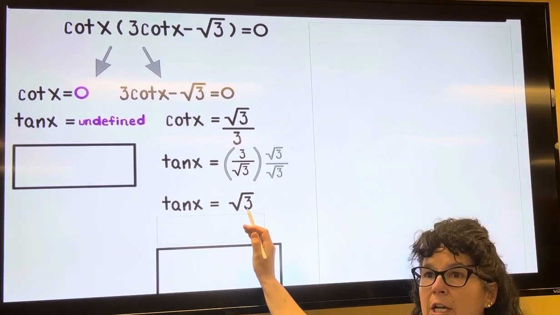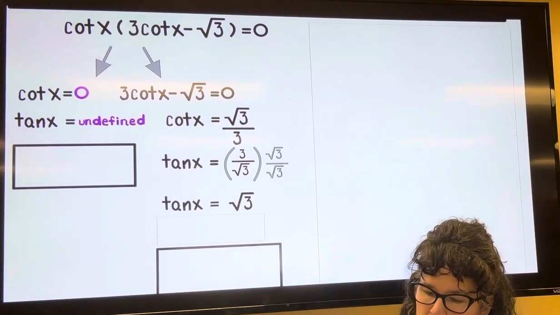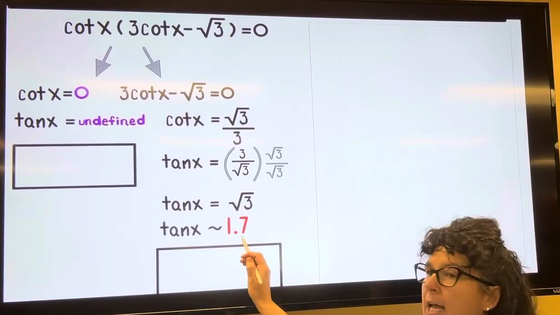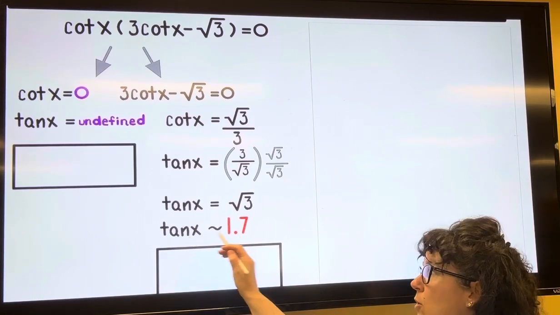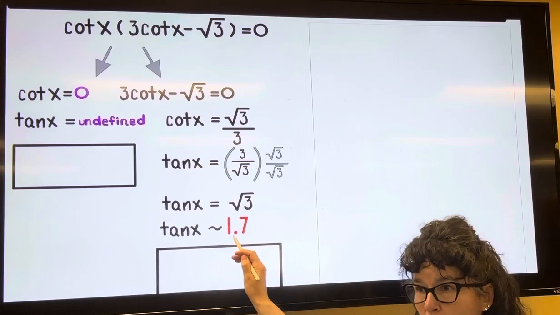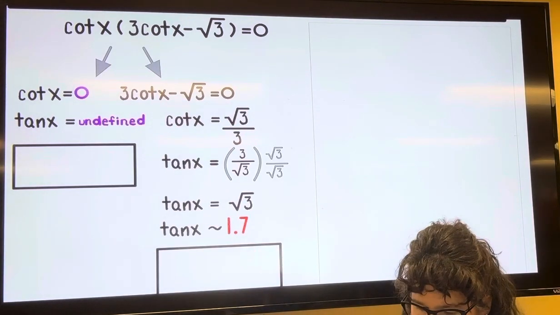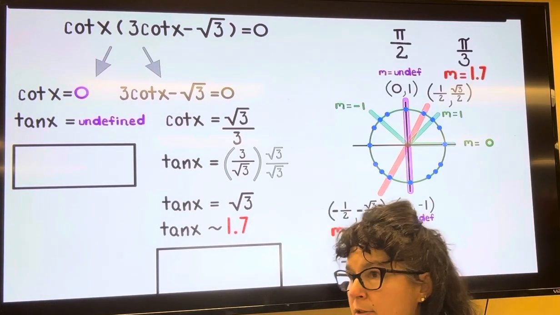Now I think roots are kind of hard to think about, so I just grab my calculator and put in an approximation. So I'm looking for on the unit circle where the slope is more than 1. Okay, so overwhelming you with a little information on the side here.